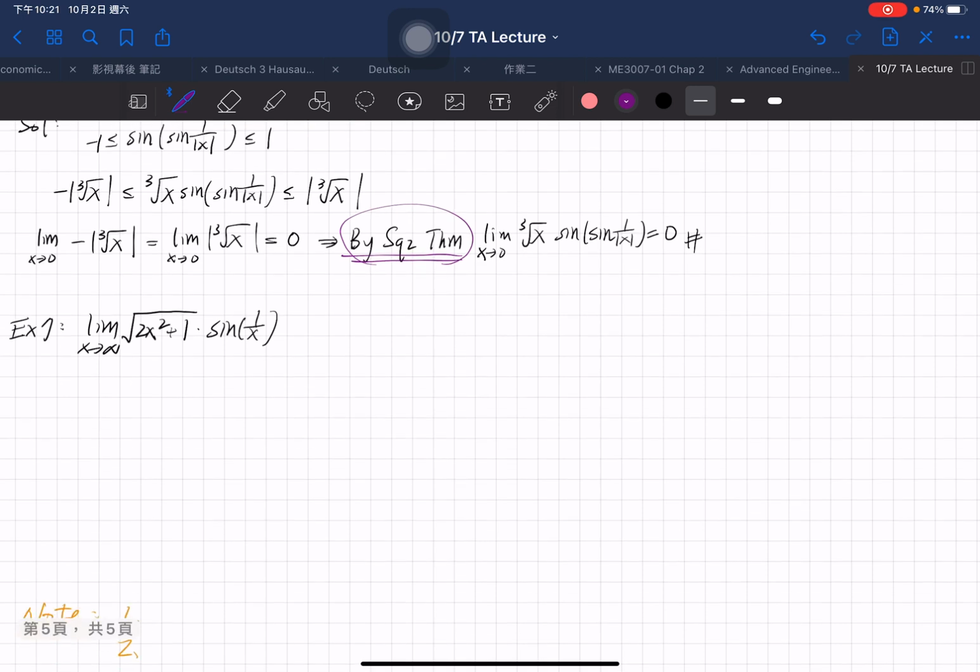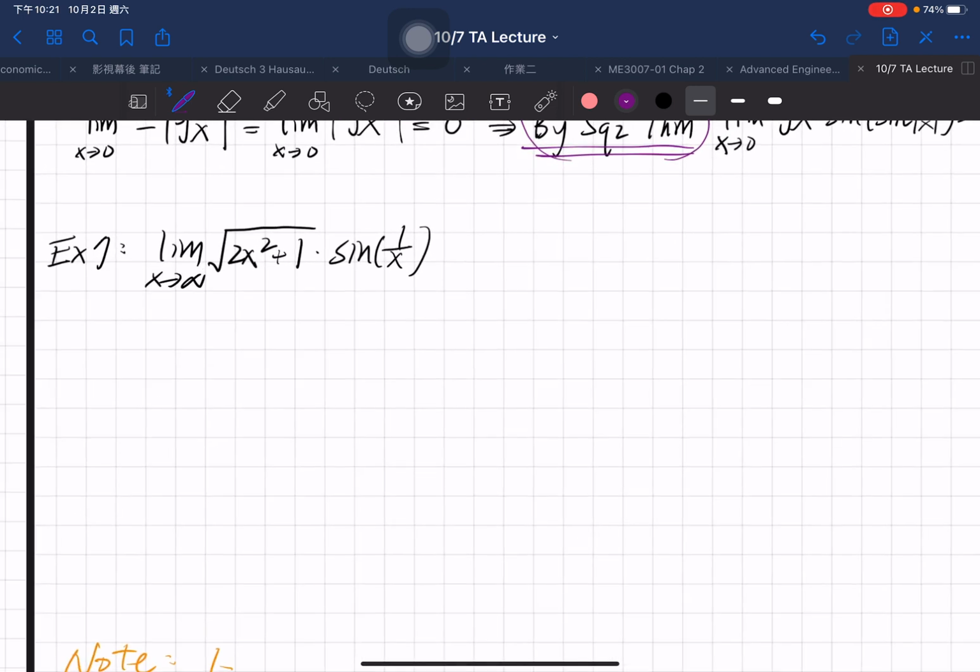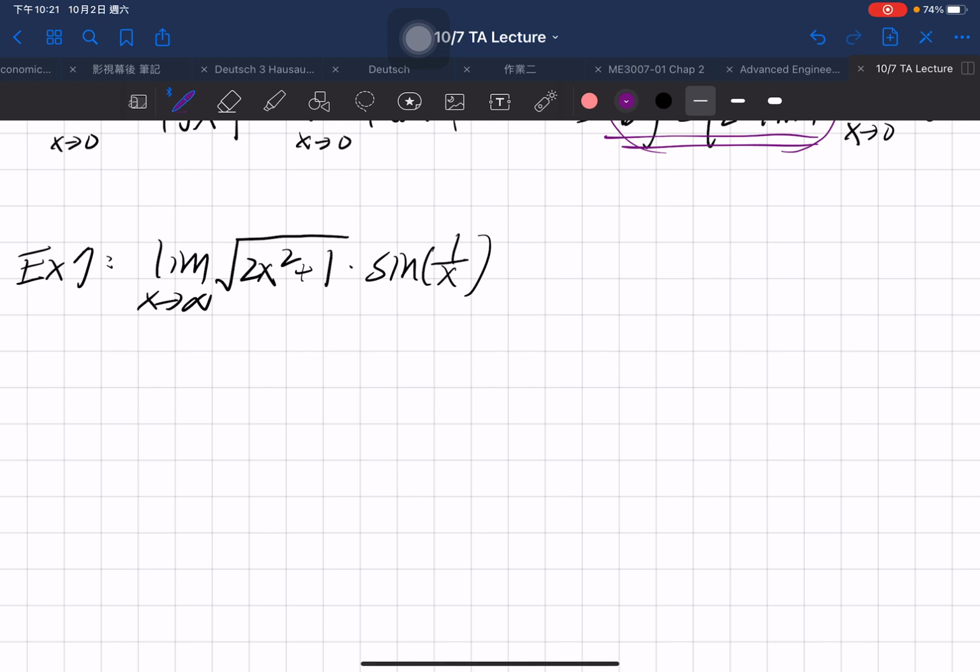Okay, so the last example, also a limit with sine 1 over x. Okay, so now when you see sine 1 over x, you know what to do, right? And you see x goes to infinity. So what we do is we substitute x with y, and y will equal 1 over x.